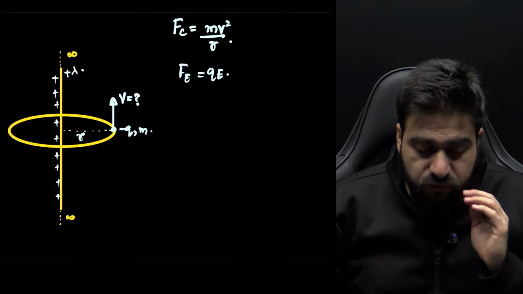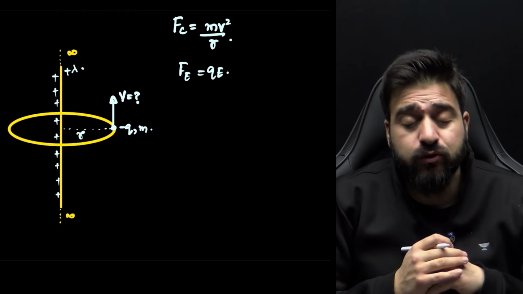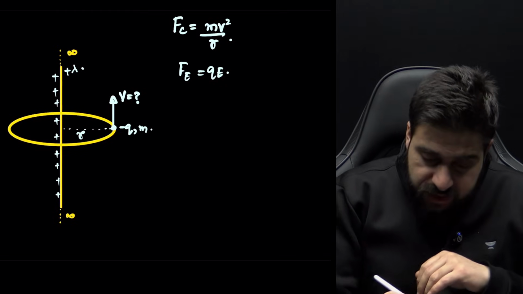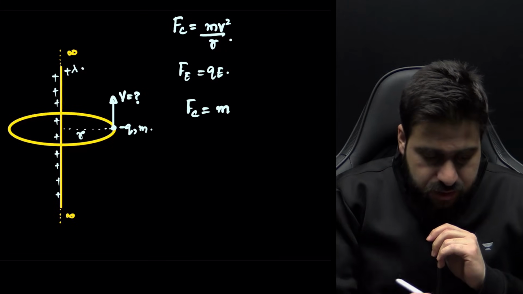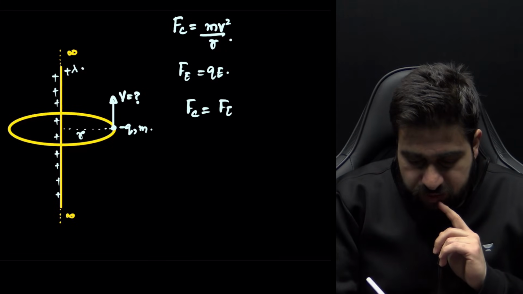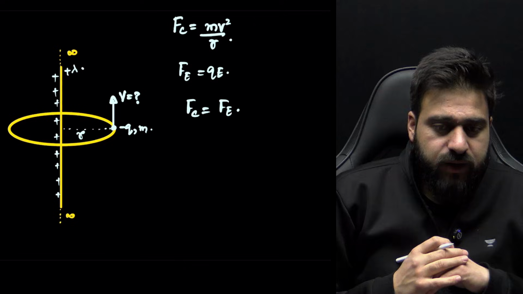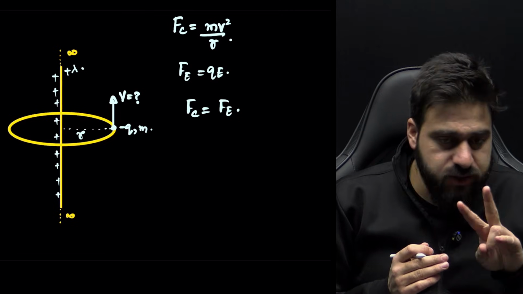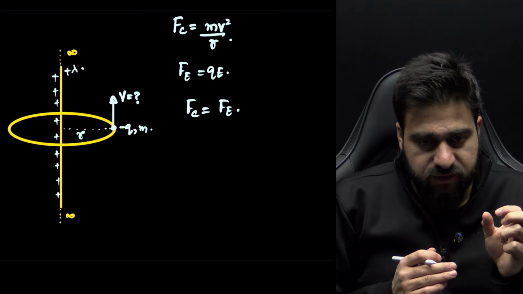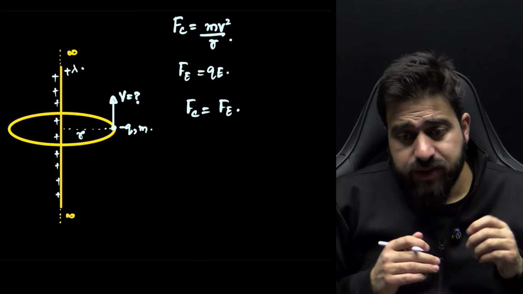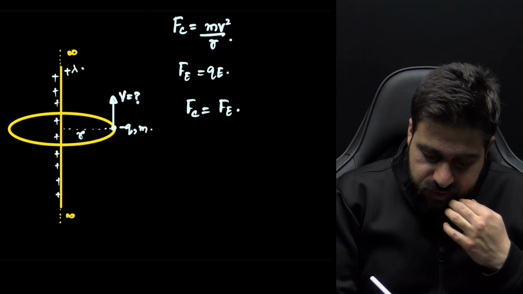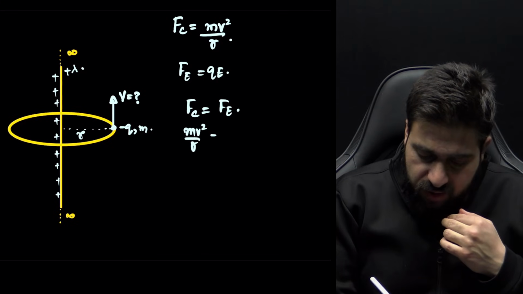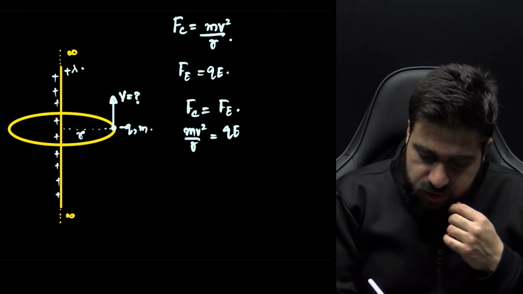Here the centripetal force is created by the electrostatic force only, so both will be equal. So Fc equals Fe. Electrostatic force acts because the wire and the charge are there, and centripetal force acts because they are performing circular motion. Now mv square by r is equal to the electrostatic force Q times E.